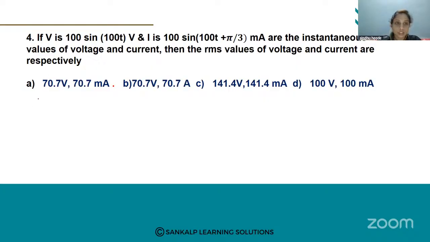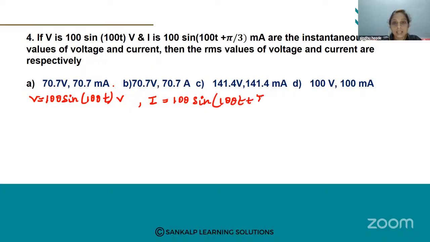V is equal to 100 sine 100t volt. Next, I is equal to 100 sine 100t plus pi by 3.